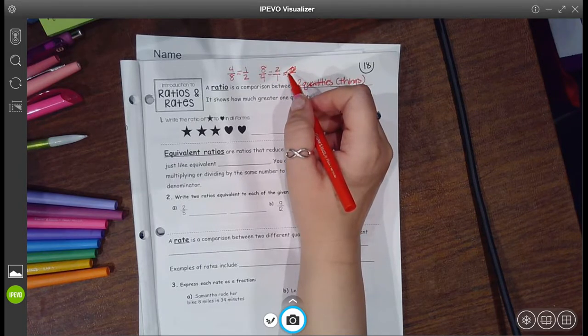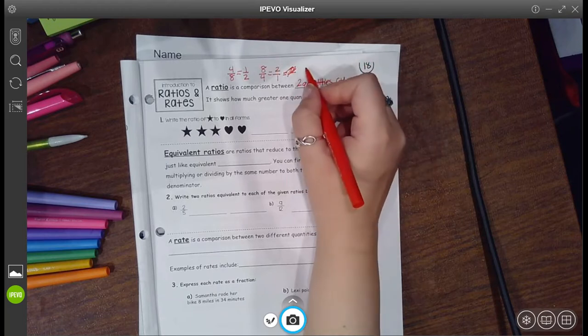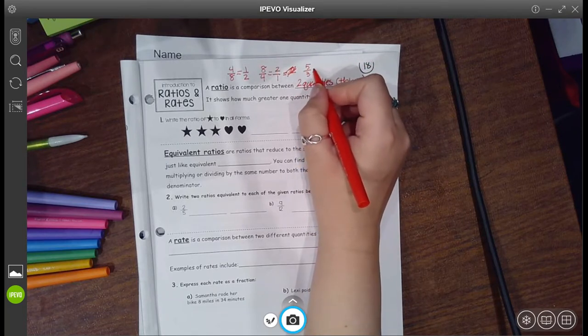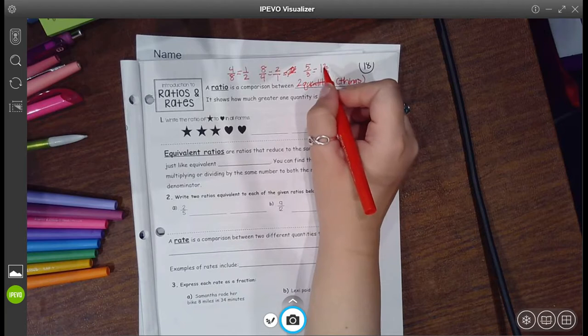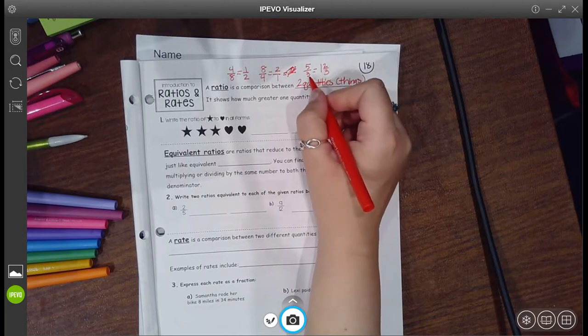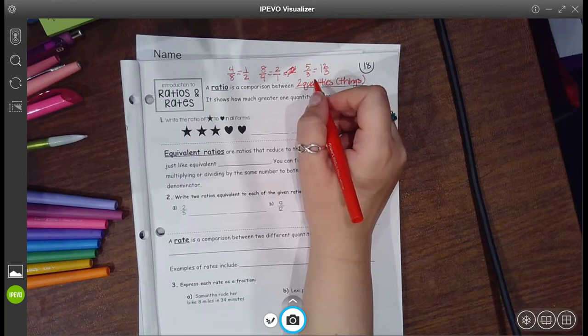And then the other thing is, let's say it was 5/3. Well, yes, I know that 3 can go into 5 once with the remainder of 2/3. So 1 2/3 is equivalent to the fraction of 5/3. You're right.